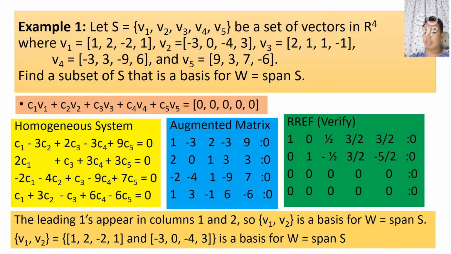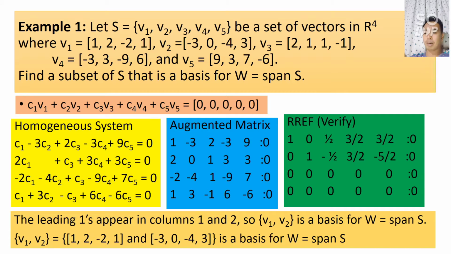After that, you can reduce it to its row echelon form, which you can verify. The leading ones appear in columns 1 and 2.